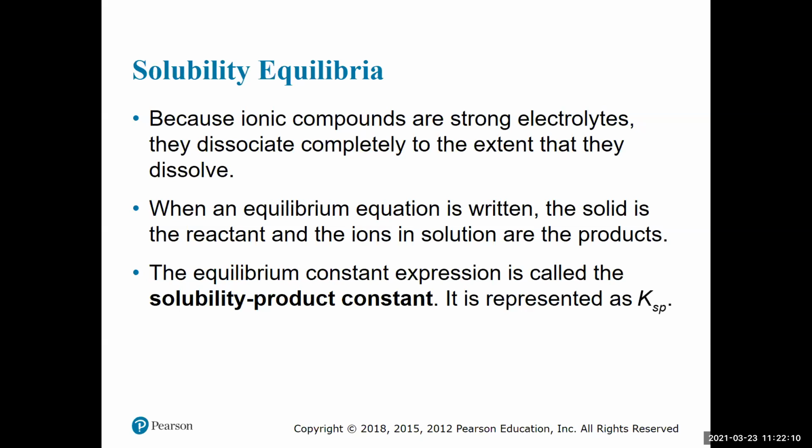But like I said, don't let that confuse you. All it's telling you is that this is just another equilibrium expression. Because you're starting with that solid, its value is 1, and just like we said, water as a pure solvent doesn't show up. Solids also don't show up because the value is 1, and so we don't put it into our expression because it doesn't impact the equilibrium constant value.